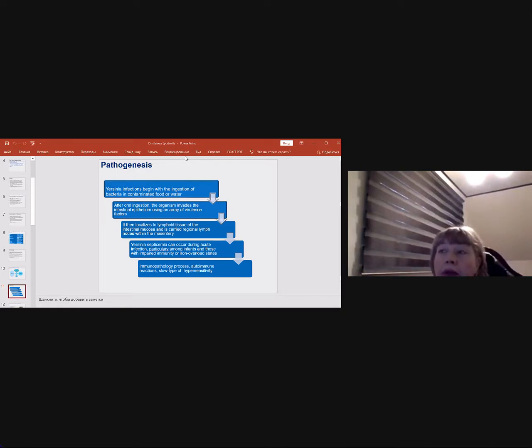But if the patient has the clinical signs of food poisoning disease, we usually use the culture media for Salmonella species, for Shigella species, and the result of this bacteriological examination may be that Salmonella species are negative and Shigella species are negative, and the patient has the diagnosis of food poisoning disease.